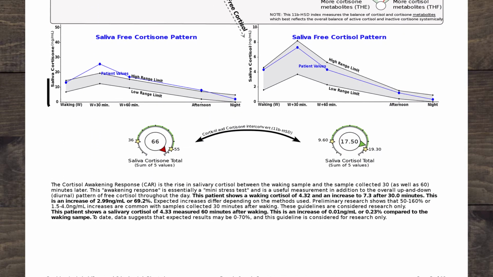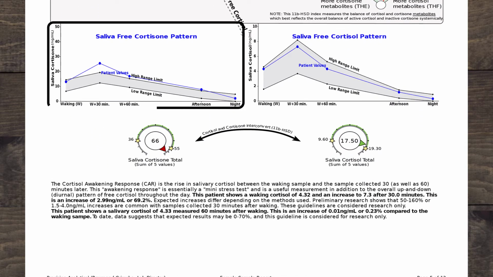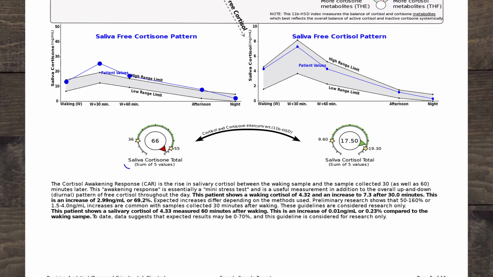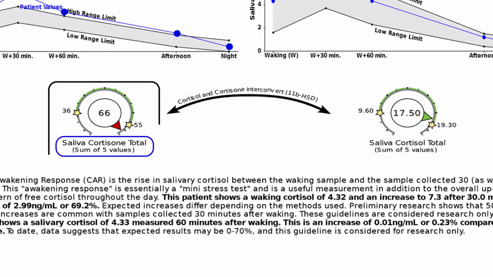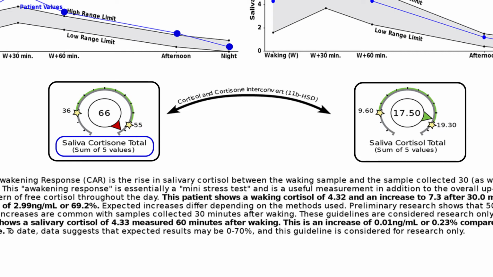What we've added here in addition is the pattern of cortisone. Cortisone is the inactive form of cortisol, and it acts as a secondary look at that up and down pattern, as well as that morning response to waking. Below these, you can see the total of the 2, cortisone and cortisol, throughout the day.